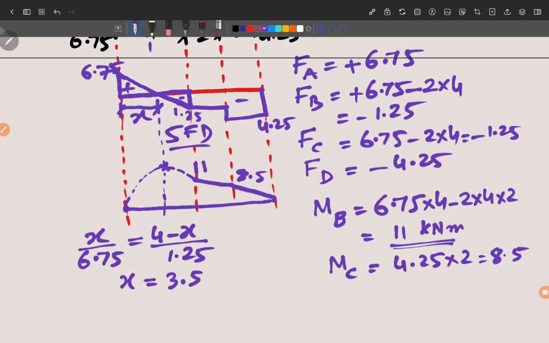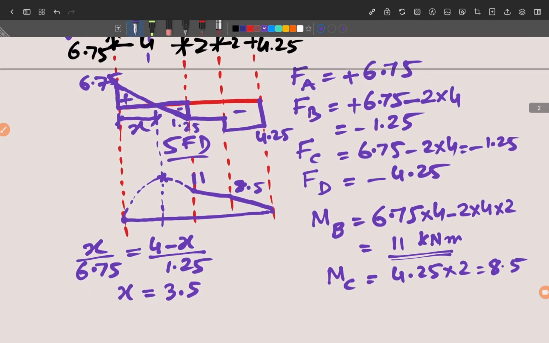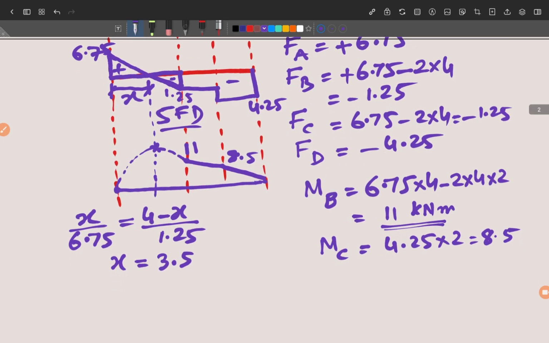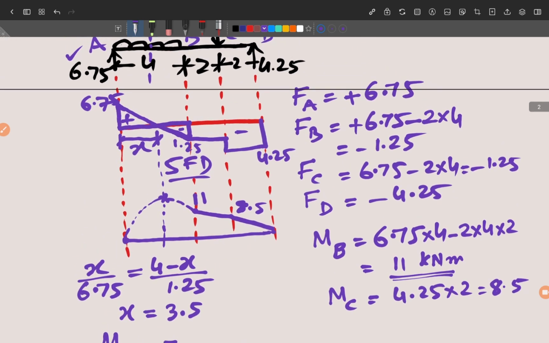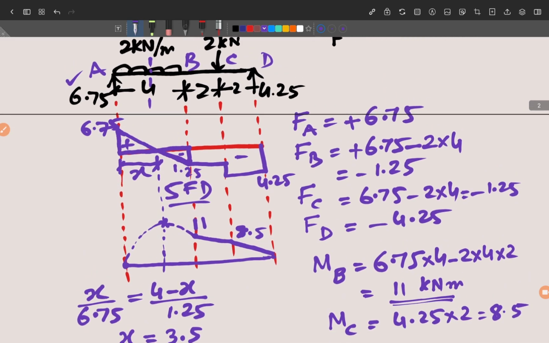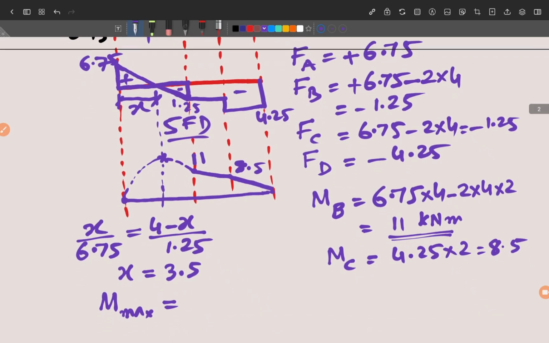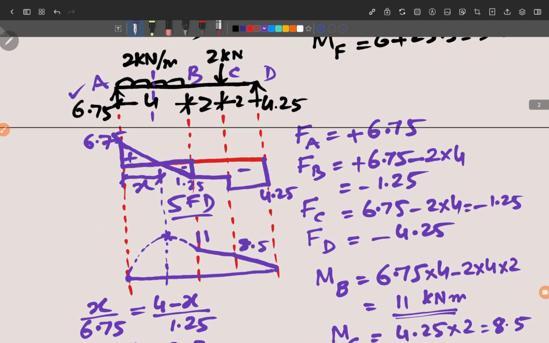That means at x equal to 3.5 from point A, you will get the maximum value of bending moment. Now we can easily calculate what the maximum value of bending moment, M max, will be. So we calculate at x equal to 3.5. Now here at x equal to 3.5, the moment of the reaction at A and the moment of the uniform load. So 6.75 into 3.5, then minus for the UDL, which extends downward at 2 kilonewton per meter.